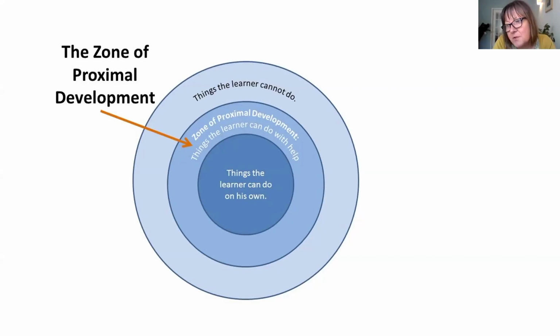Much of the scaffold is removed, much as the scaffold is removed from a building during construction. Another way to think of it is the I do, we do, you do model. The adult demonstrates to the child, they then work on it together until eventually the child can do it by themselves.